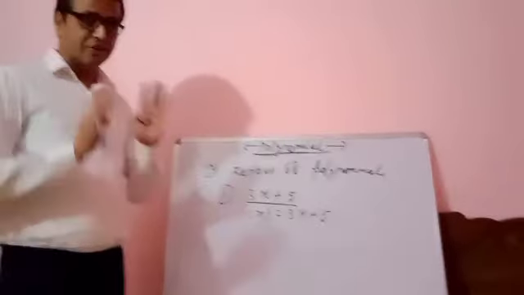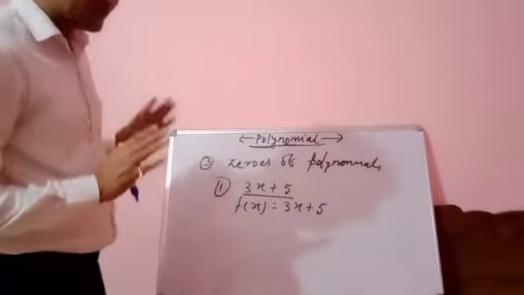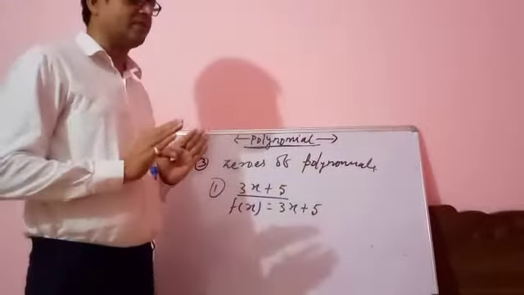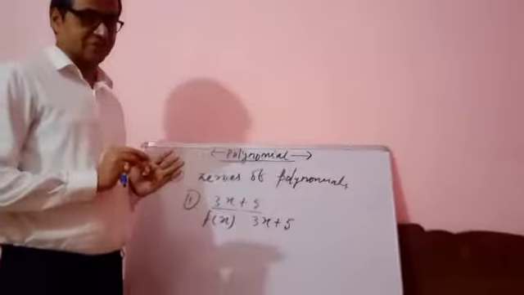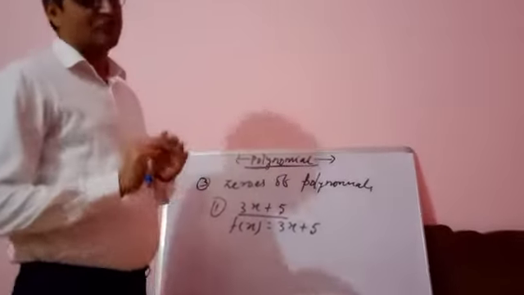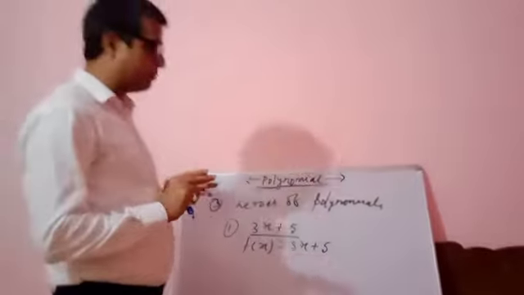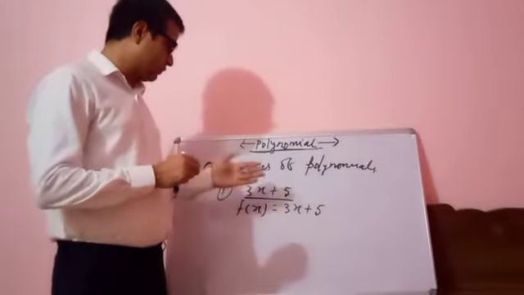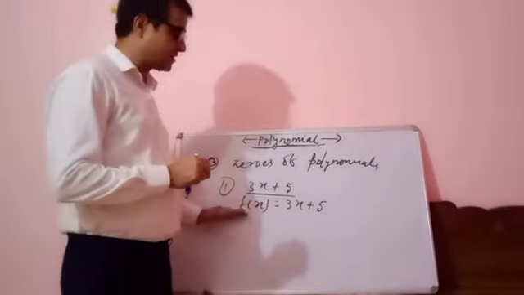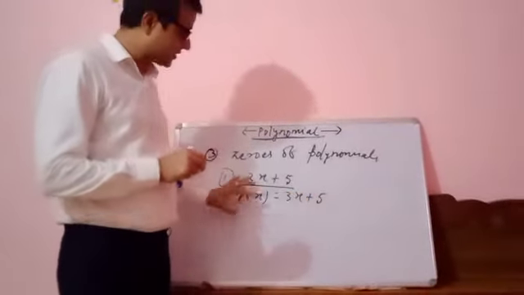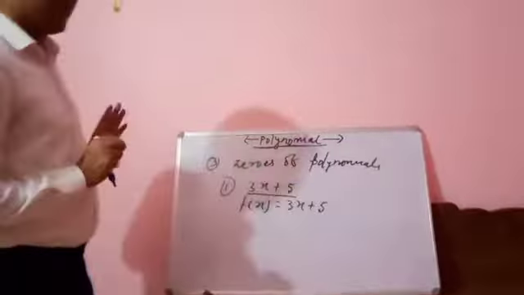Now whenever you have an algebraic expression, please students be clear here, algebraic expression and algebraic equation have a big difference. Suppose we have 3x + 5, it would be written in this way, f(x) = 3x + 5. This f(x) is simply the name given.